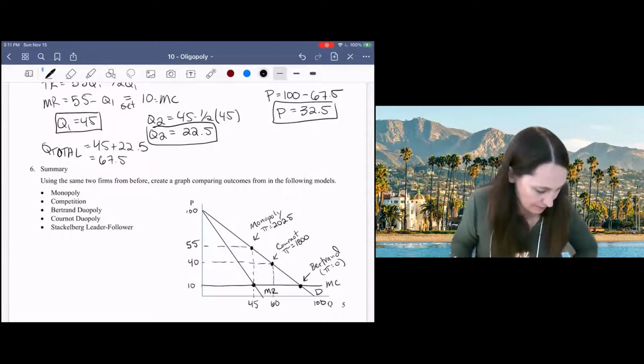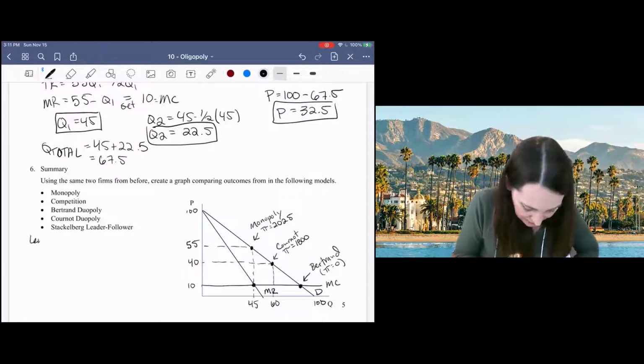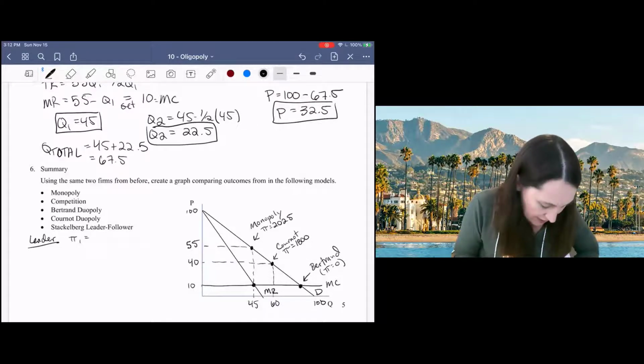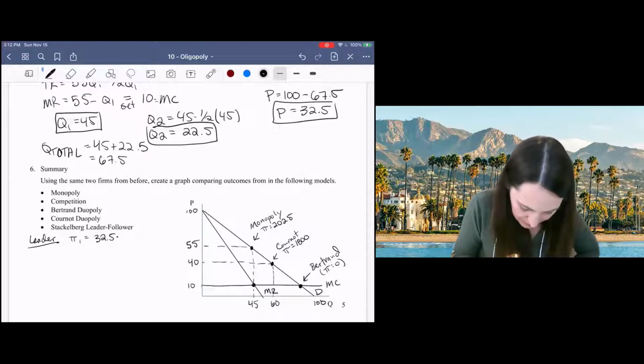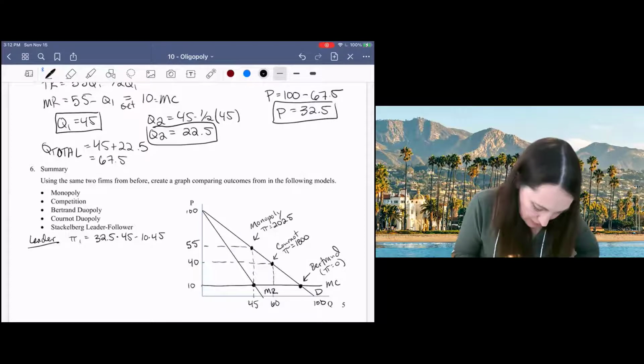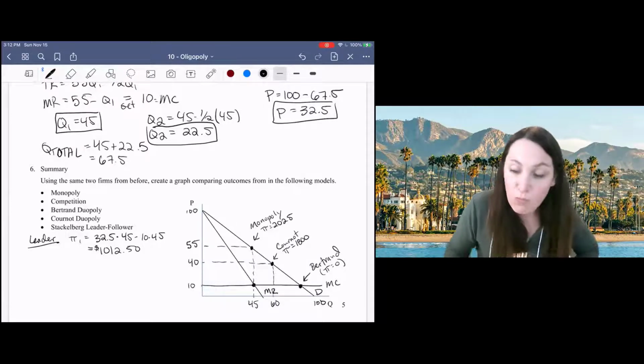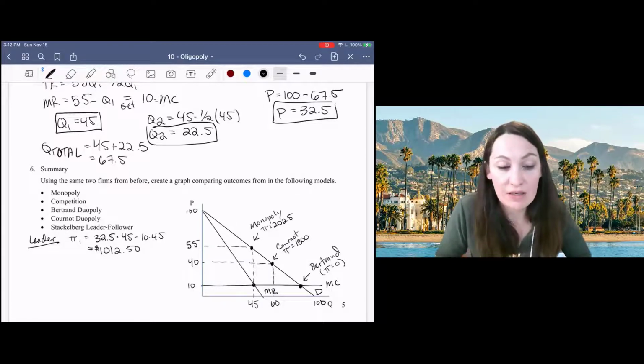The Stackelberg leader, that's firm 1, is going to earn profit equal to 1,012.50. So that's more than the firm earned in the Cournot equilibrium, right?